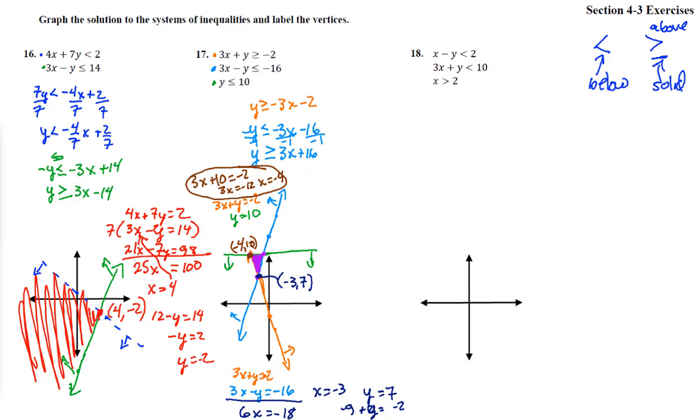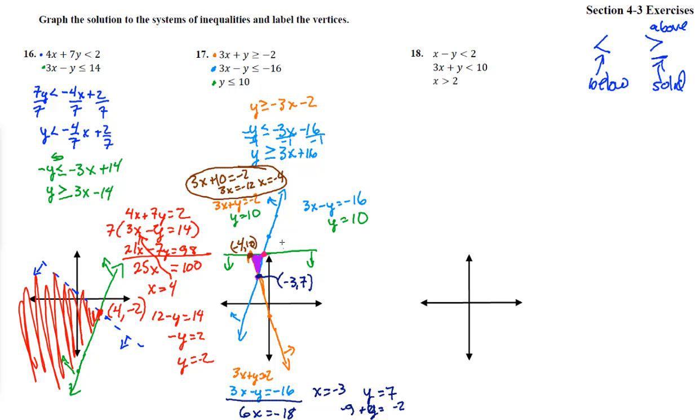Okay, and the last one. We've got the blue line and the green line crossing. To create that point right there, we'll make it bright pink so we can tell what we're doing. This is the blue line, 3x minus y equals negative 16. Crossing the green, which is y equals 10.